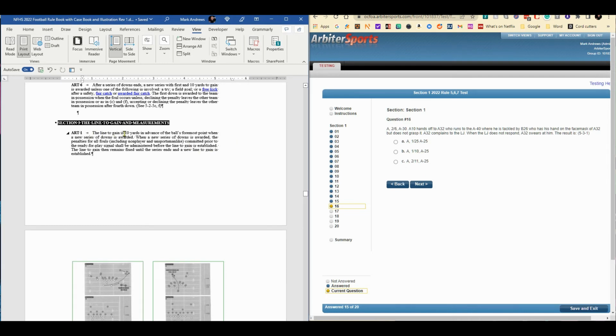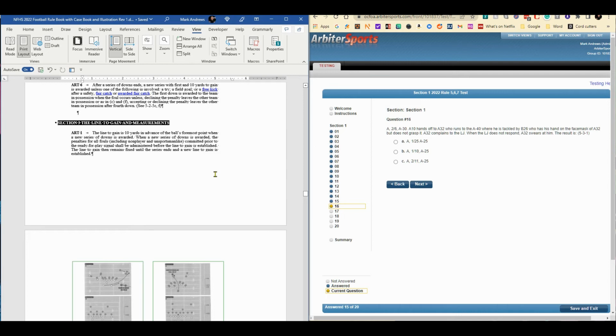So it says the line to gain is 10 yards in advance of the ball's foremost point when a new series of downs is awarded. When a new series of downs is awarded, the penalties for all fouls, including non-player and unsportsmanlike, committed prior to the ready for play signal, shall be administered before the line to gain is established. The line to gain then remains fixed until the series ends and a new line to gain is established.